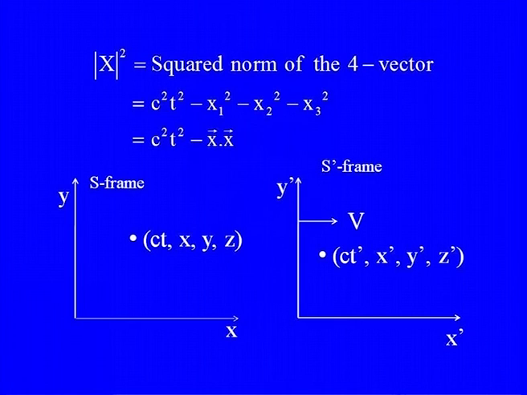Now, the same event will be viewed by someone in the S prime frame, which is moving with the velocity v with respect to the S frame, at time t prime and at position x prime, y prime, z prime.